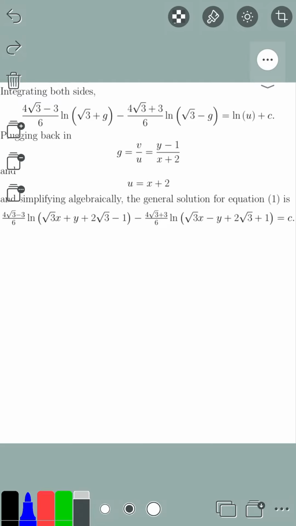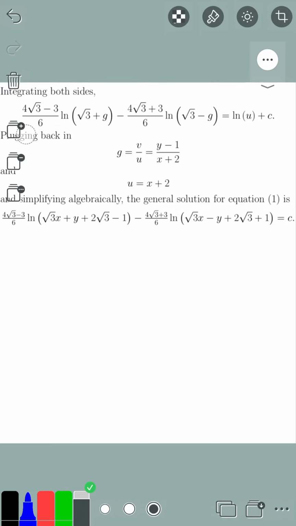After integrating both sides, you will get this equation: 4 times square root of 3 minus 3 over 6 times the natural log of square root of 3 plus g, minus 4 square root of 3 plus 3 over 6 times natural log of square root of 3 minus g, is equal to the natural log of u plus c, where c is some arbitrary constant for the integration. So that's the general solution for the equation.